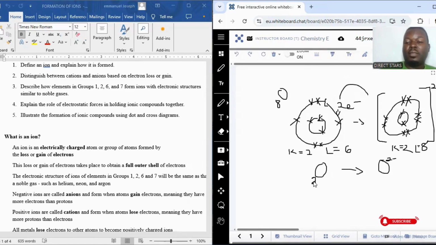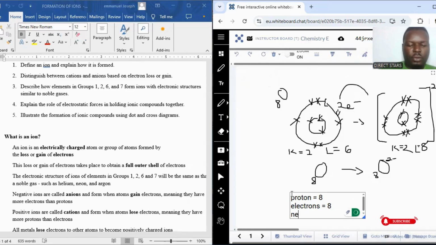So in this case, the number of protons equals 8. Number of electrons, of course, will also equal 8.